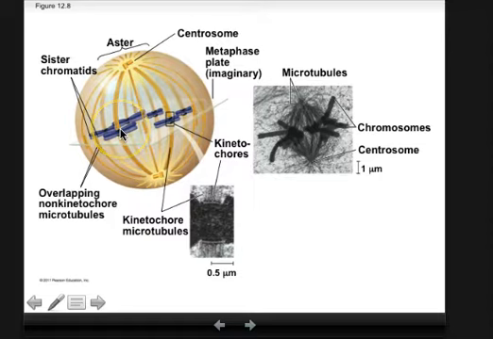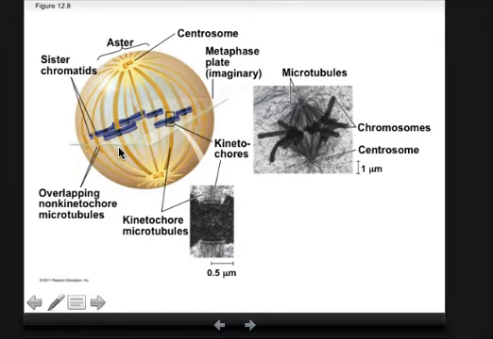We're just lining up across the middle as a way to start organizing the chromosomes in preparation for division. There are some microtubules that are associated with the kinetochores and some that are not. Those are the non-kinetochore microtubules.